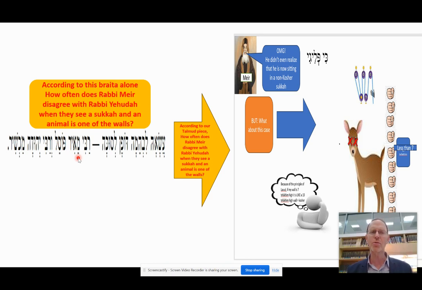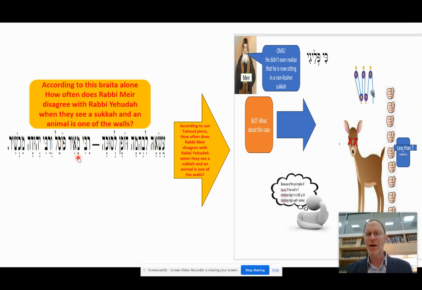How many of those sukkot would Rabbi Yehuda say is kasher? And the answer to that question is 100%, 100 of them. Basically, according to the breita, every single sukkah that has an animal as the wall, Rabbi Meir says no. And every single sukkah that has an animal as one of the walls, Rabbi Yehuda is going to say yes.